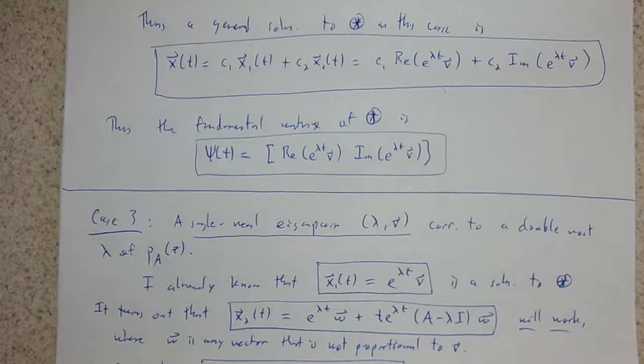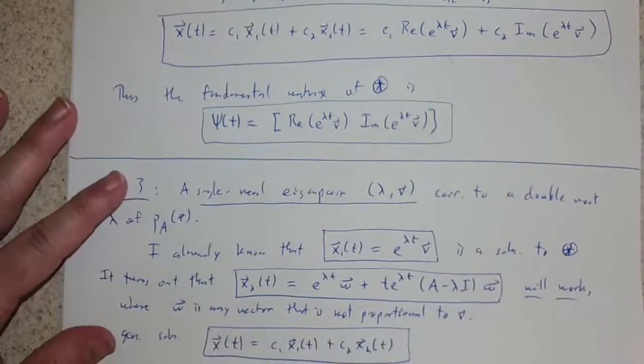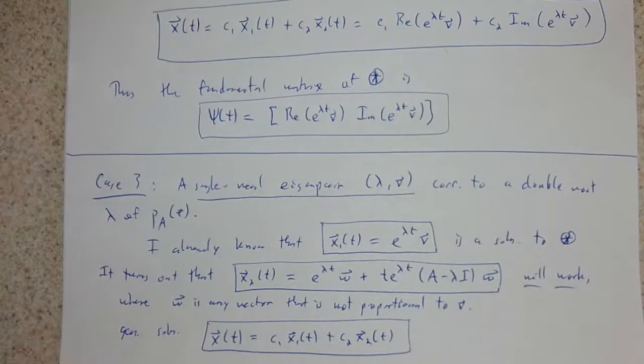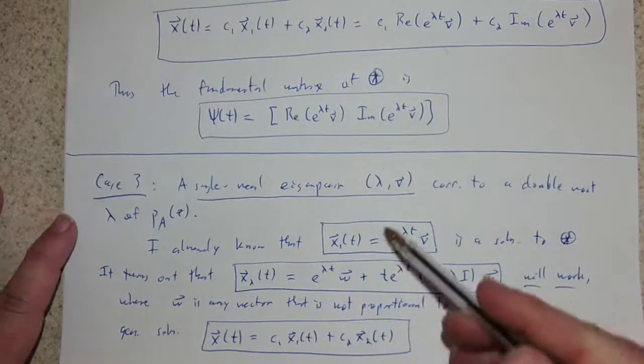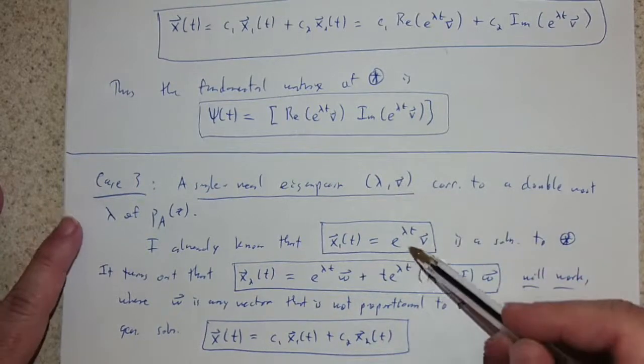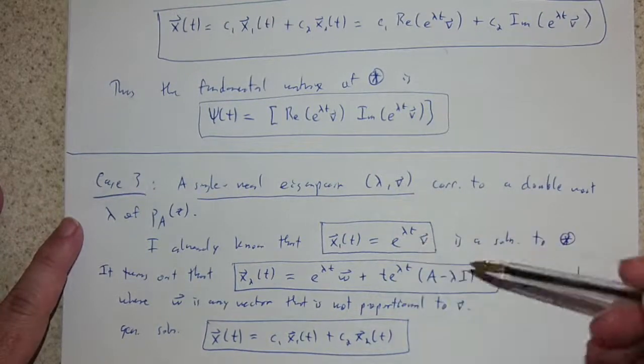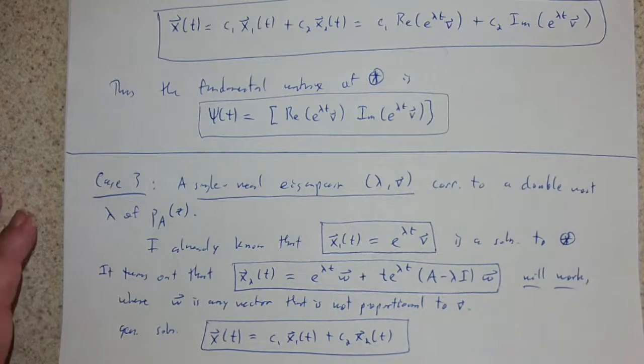Now, what is it that's going on here? Notice that what's going on here is very similar to what happened in the chapter 2 case, right? So in the chapter 2 case, what we did when we came across a root of the characteristic polynomial that had multiplicity, let's say multiplicity 2 in the n equals 2 case, the trick there was instead of using e to the lambda t, you couldn't just use e to the lambda t again because the Wronskian would be 0.